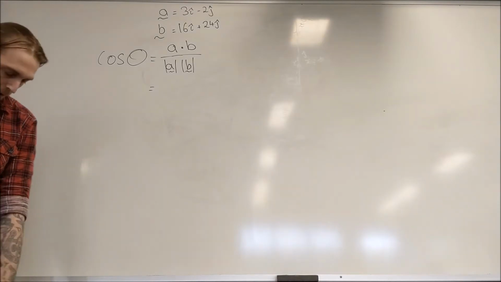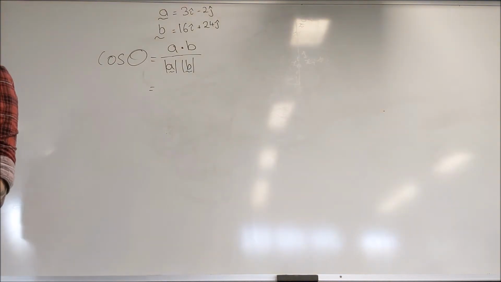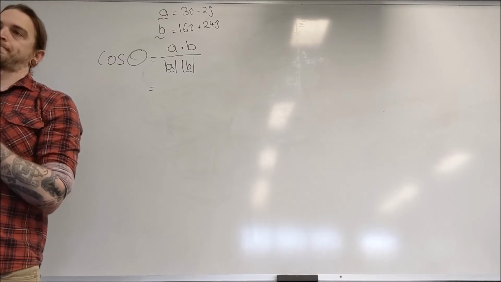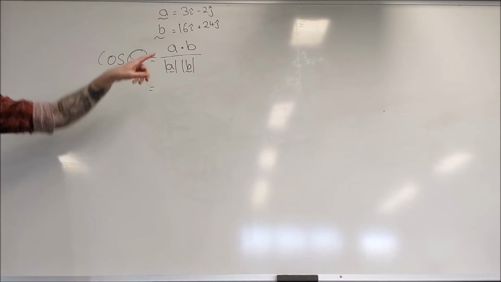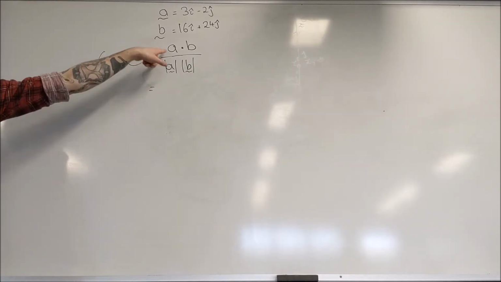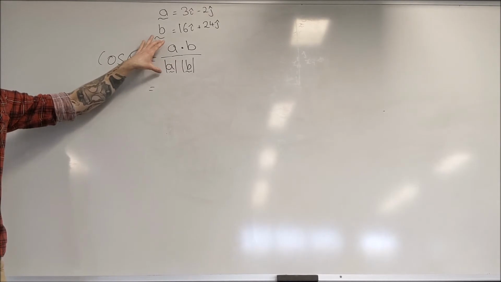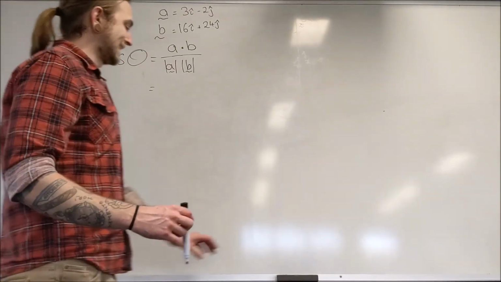What can you remember about the dot product of two vectors? The dot product of two vectors is a scalar. It's a single number. So you end up with a single number on top, and these magnitudes are also single numbers, and that's how you can resolve an angle. You get rid of your i and j components and you're just left with scalar numbers.